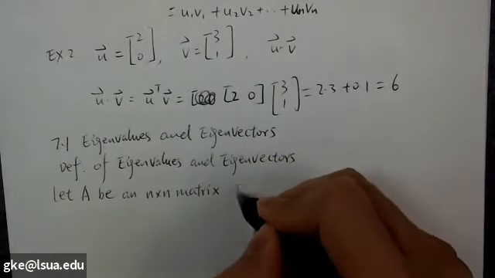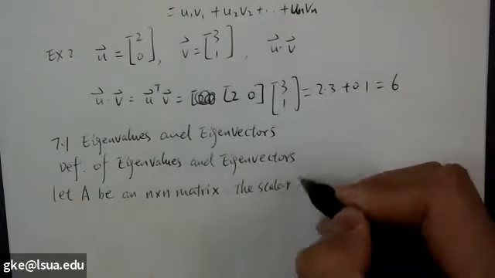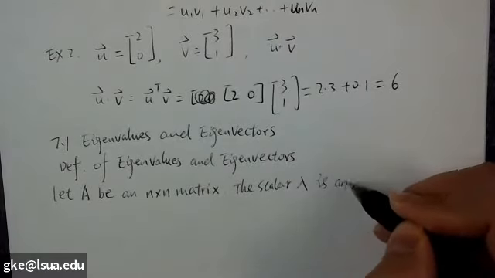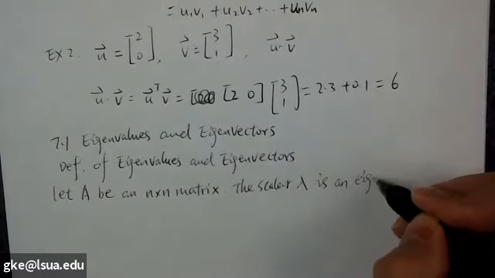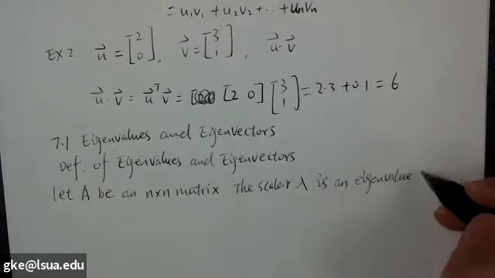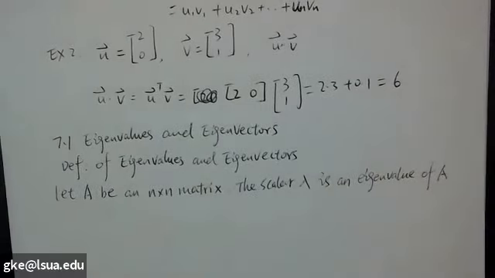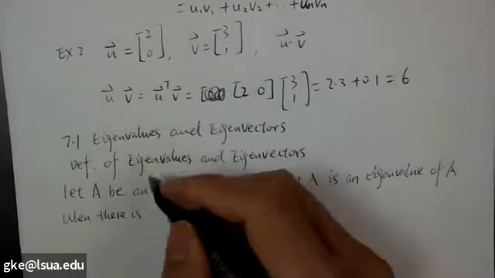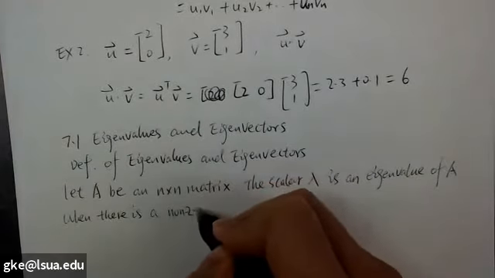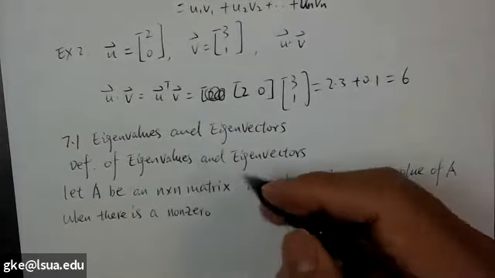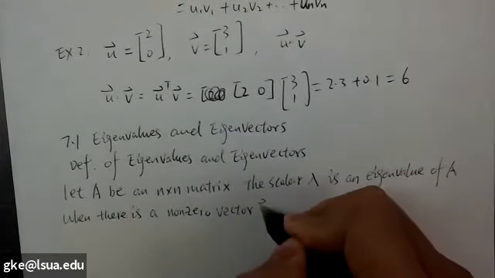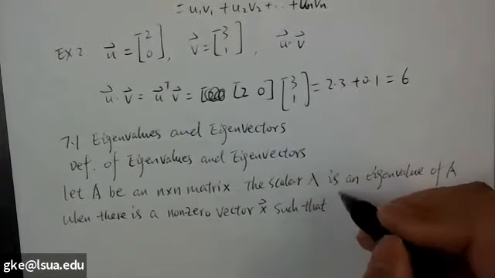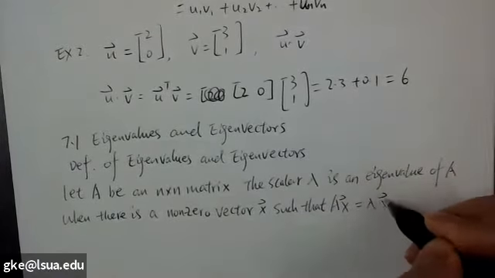The scalar lambda is an eigenvalue of A when there is a non-zero vector x such that Ax equals lambda x.